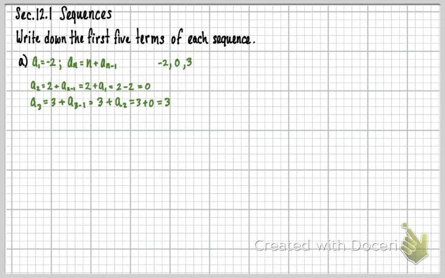Now let's do A4 now. Now if you're noticing here, this is going to be a 4 plus A4 minus 1. If you're noticing this, notice we're always using that previous term, and you'll see that here with this one more so than any of them because you see the pattern. So this is going to be 4 plus A3. And if you notice when I go through these, I am taking my A2 and I'm using it in my A3 formula.